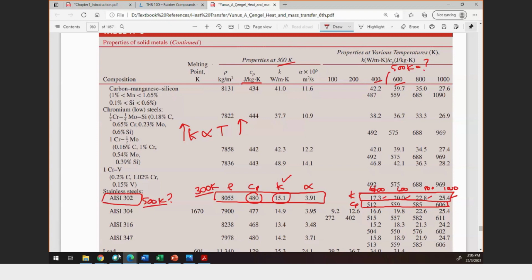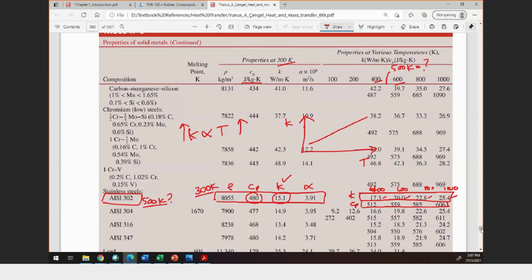So interpolation is not only for water or refrigerant, it is also used for any kind of properties in thermodynamics. To see whether it is valid or not, you need to go back to the relation of K to the temperature.